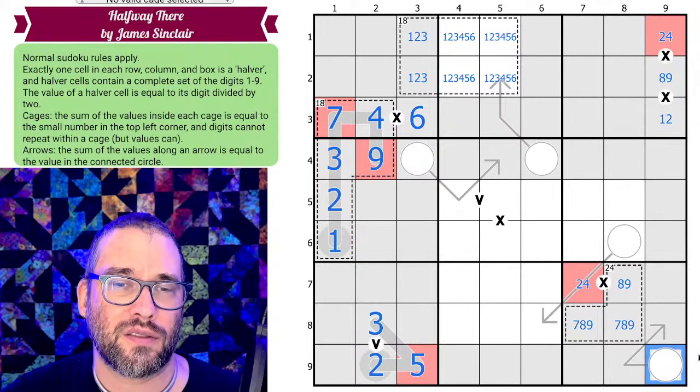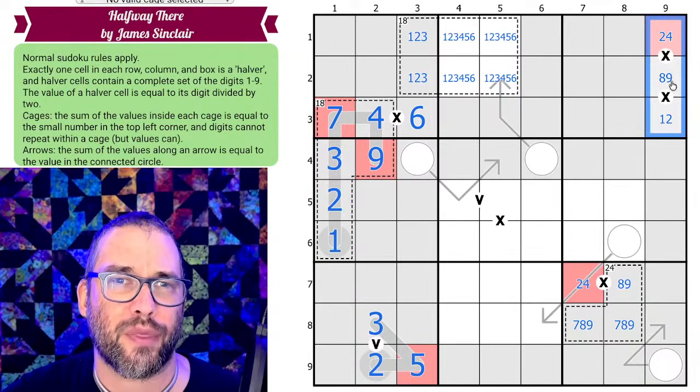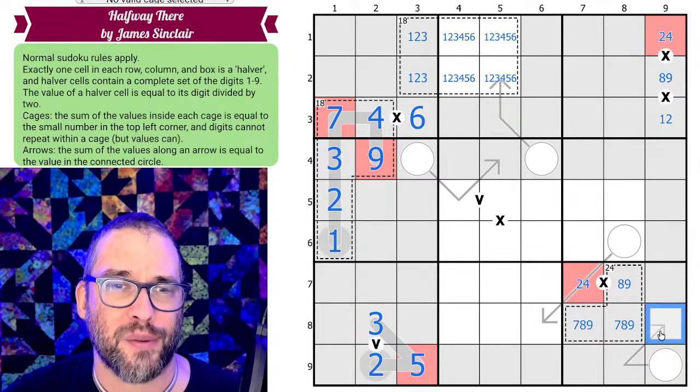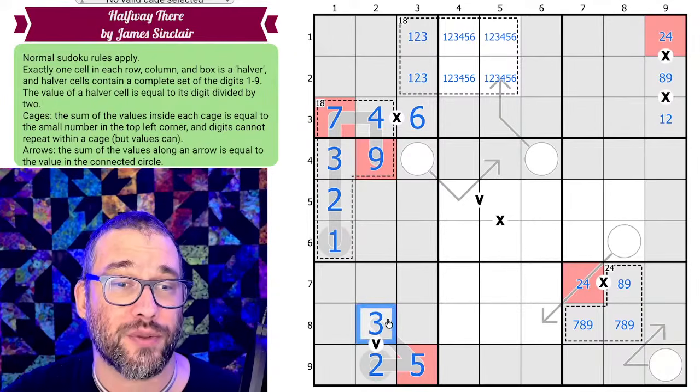Now does 4 break this? I don't think it does. We'd have to put a 1 here and a 3 here. And no, we can't do that.